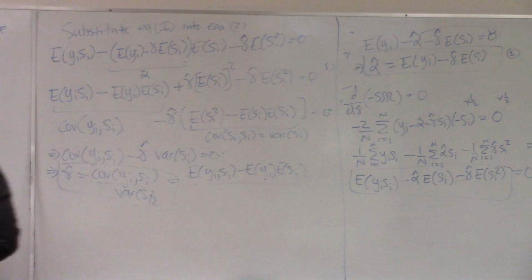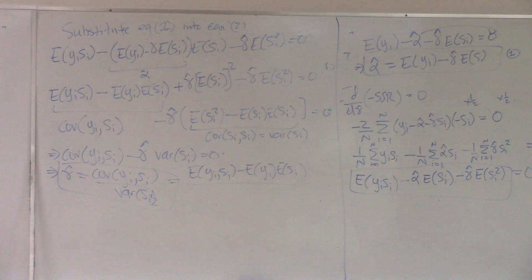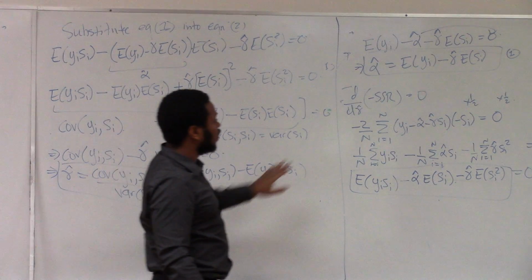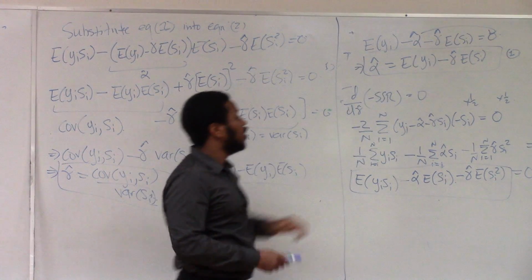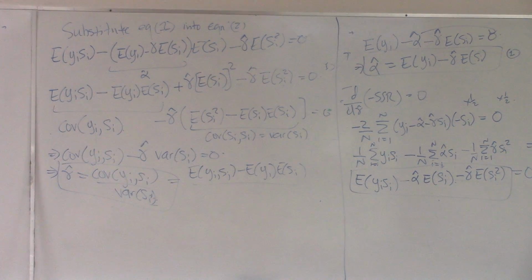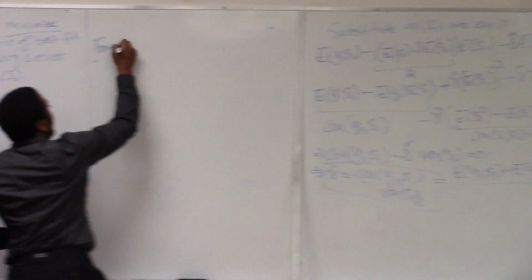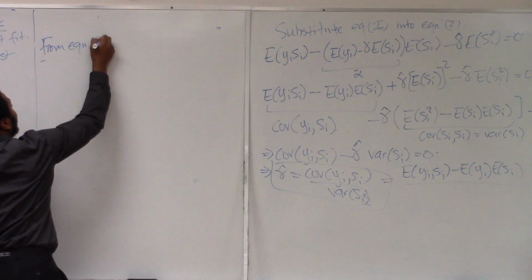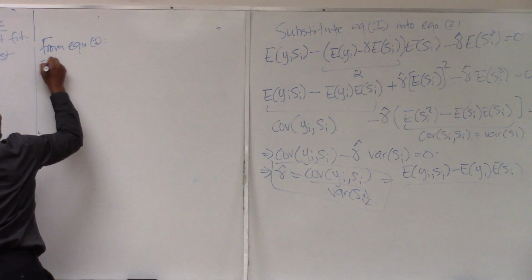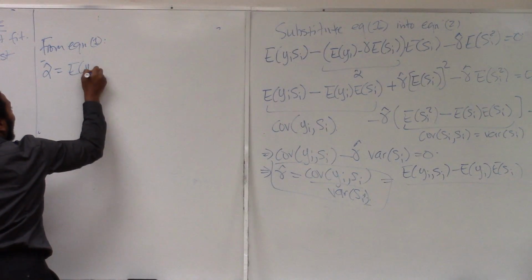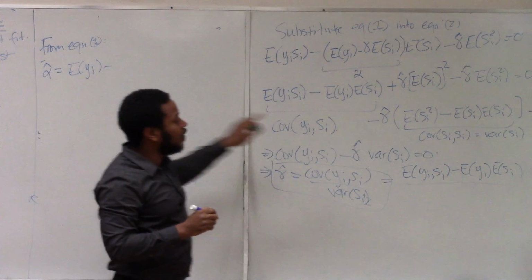So the last thing we have to do is figure out what alpha hat is. The predicted alpha is going to be just this expression here, right? From equation 1, we're going to get alpha hat, and it's going to be the expected value of yi minus gamma hat.